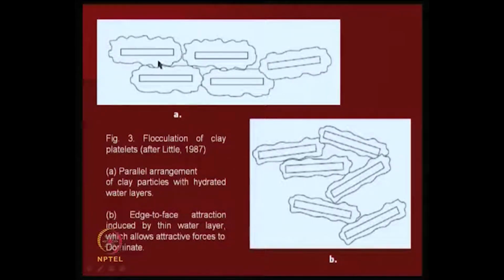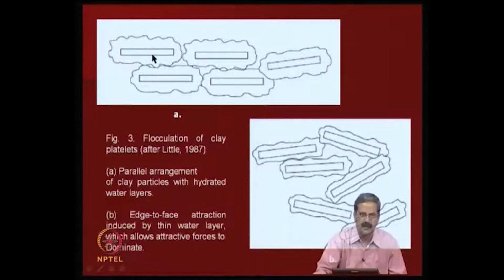That is because since they are all parallel oriented, there is no resistance to the force. So, that is what happens in the case of bentonite. That is why when water is allowed into the bentonite, there is a lot of swelling.